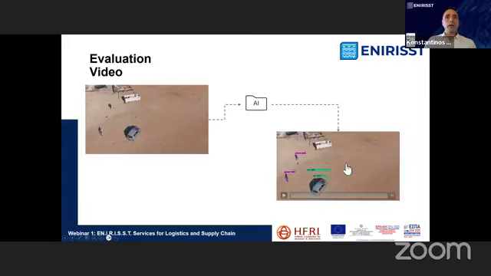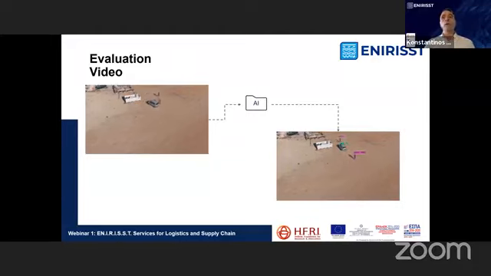Again, here you can see on the left-hand side the video without the AI object detection capabilities, and on the right-hand side the video with the AI object detection capabilities, and you can see that it identifies two persons inside this small port on the island of Chios, and a car.